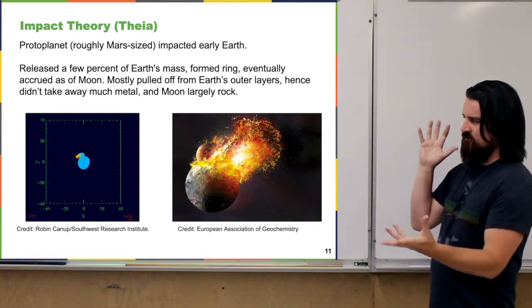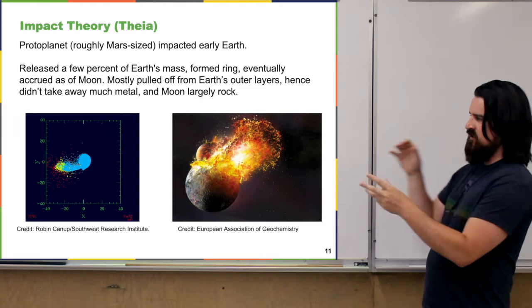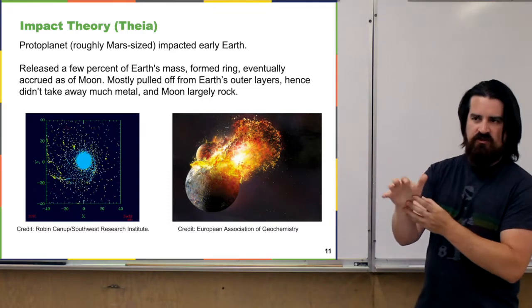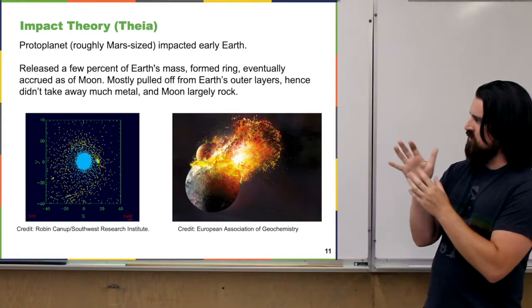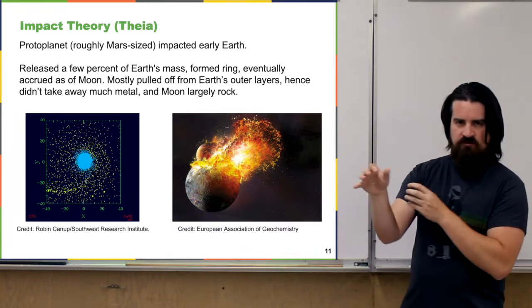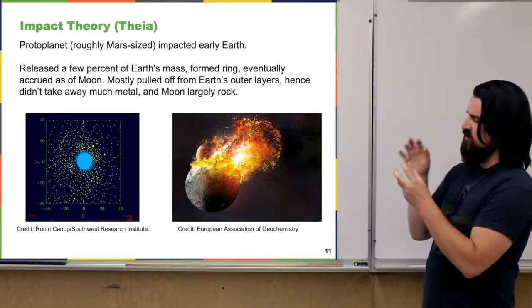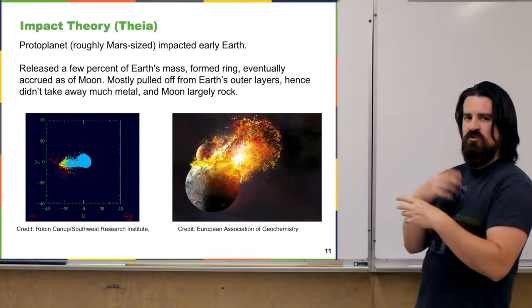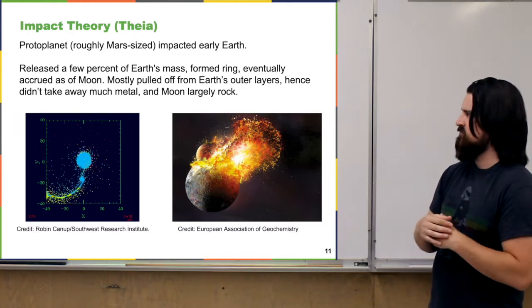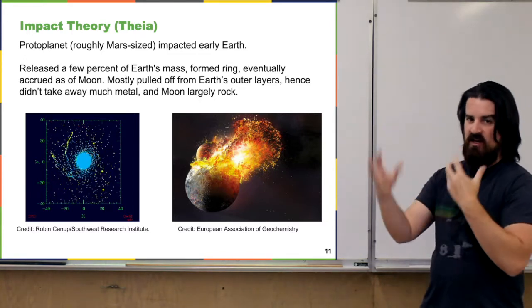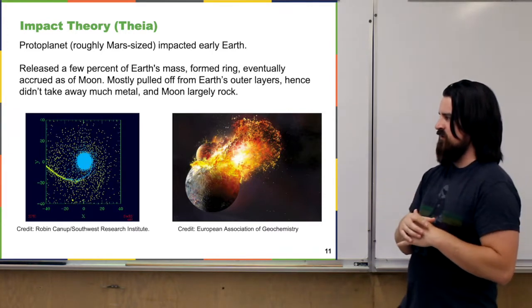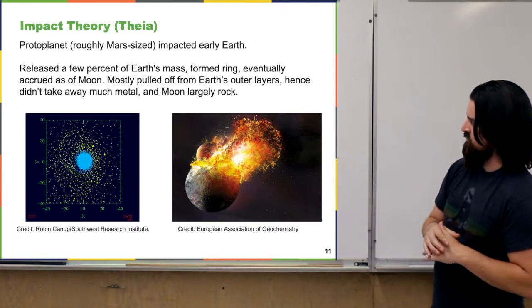The fact that it comes in and impacts takes away a lot of stuff from the Earth's crust and mantle, which is mostly silicate rocks, but doesn't really take away much from the core. So that's one way of understanding why the Moon ends up having a much larger rock content than metal. And by being made up of parts of the Earth, it also explains a bit why those isotope ratios are so similar.